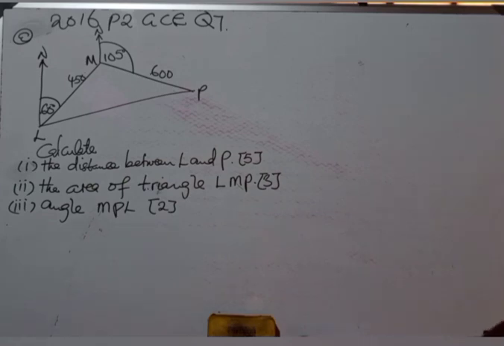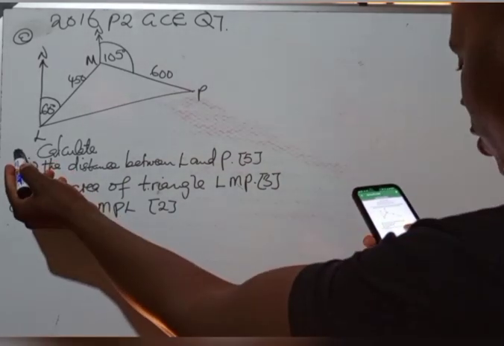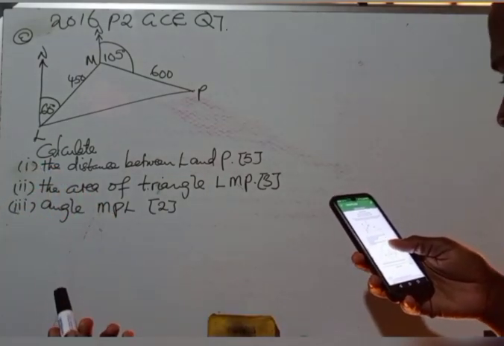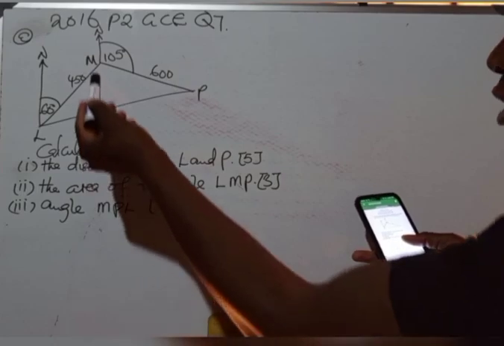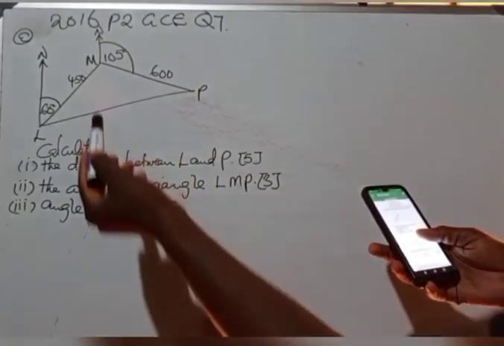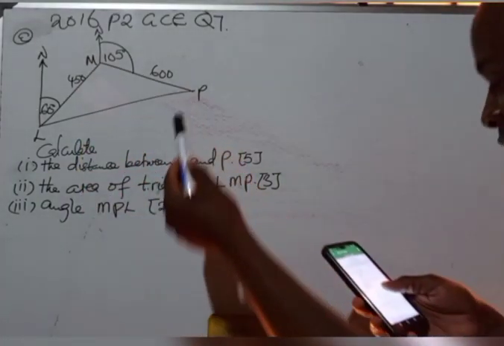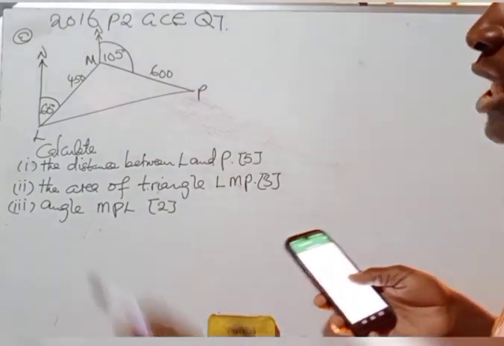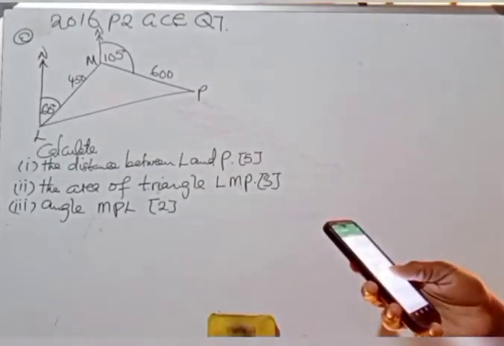I'll read this question. The question is: three towns, Luzi, which is L there, Muzi, which is M there, and also Puzi, which is P, are spaced as shown in the diagram. This is the diagram we have.